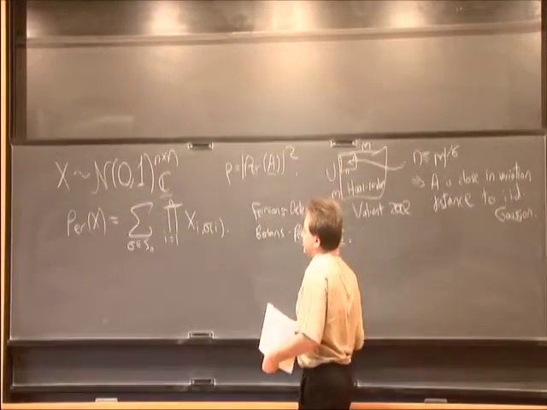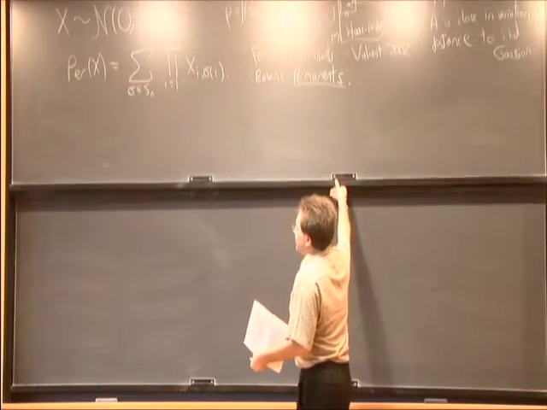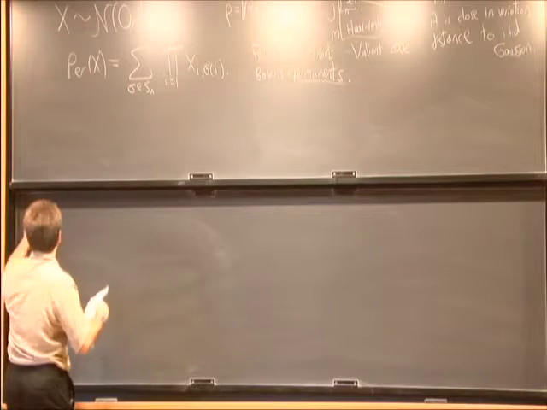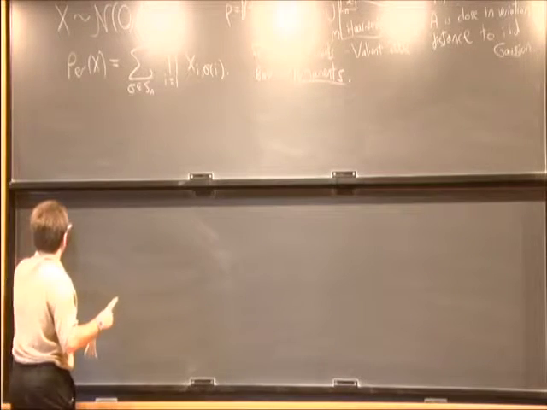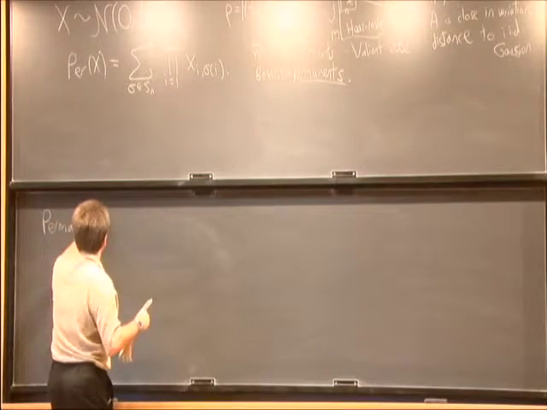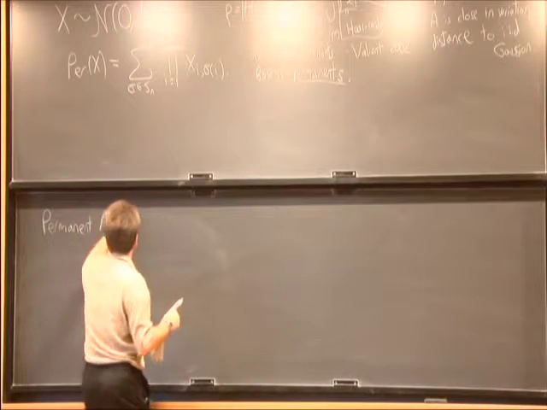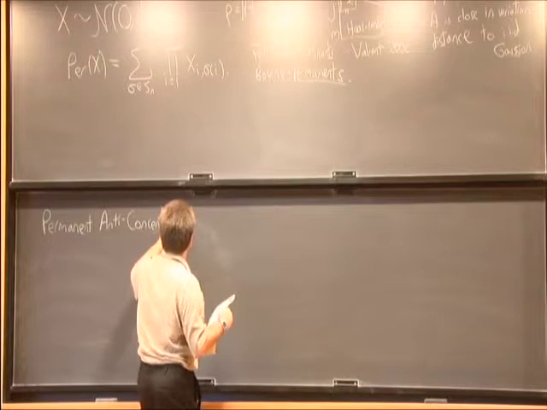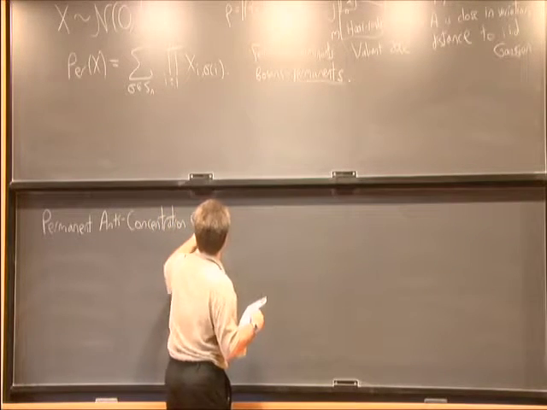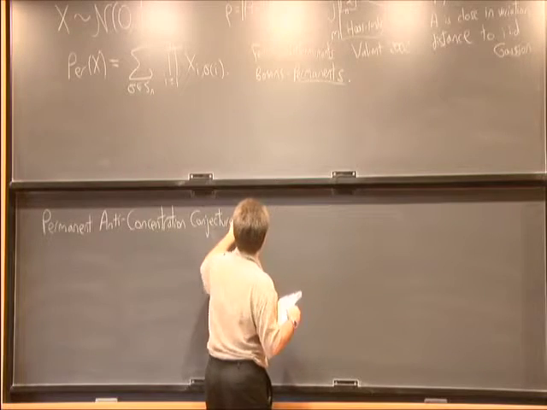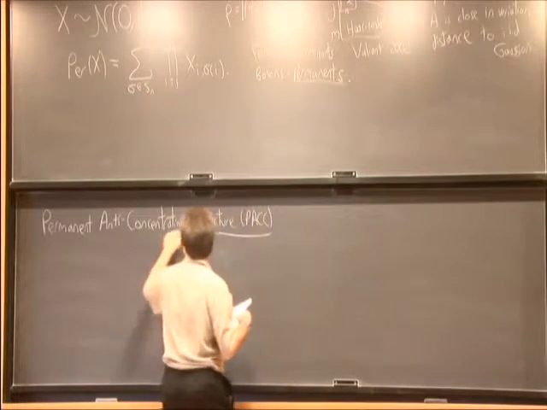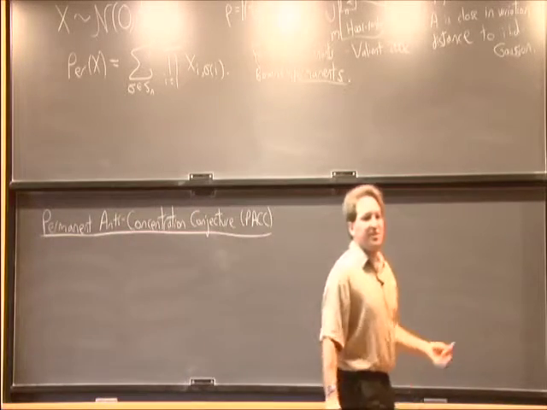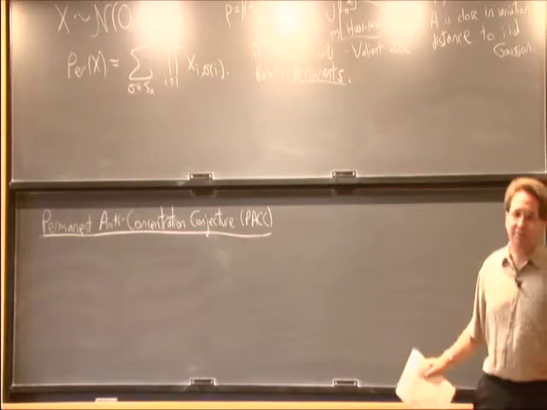All right, so without further ado, what are the conjectures that I want to talk about? The first one is simply an anti-concentration conjecture for the permanents of Gaussian random matrices.